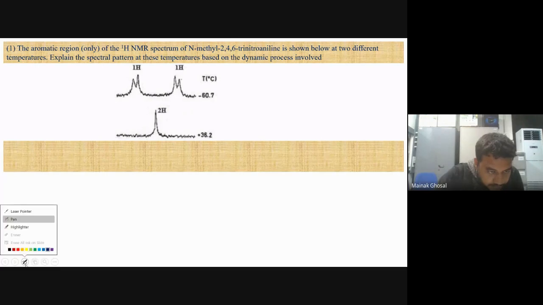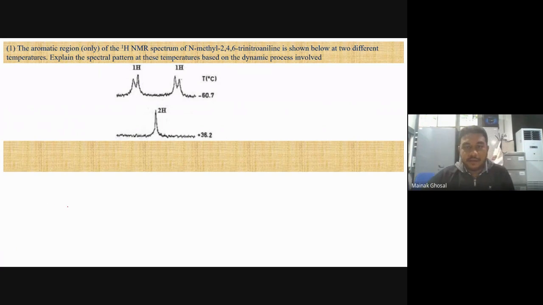The question is telling that at minus 60 degrees Celsius you see an AB quartet kind of pattern, but at plus 36 degrees you see a single peak for N-methyl-2,4,6-trinitroaniline. I am drawing the structure here.